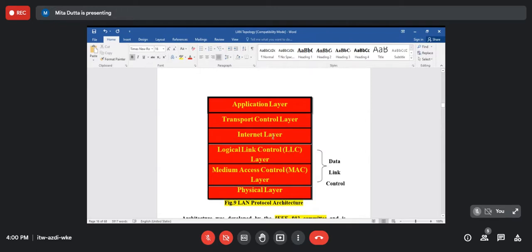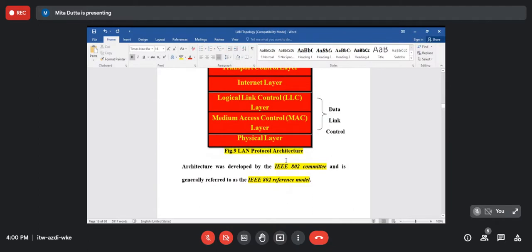Then we have an internet layer, transport layer, and application layer, just like in the TCP/IP architecture for computers which are not connected in a LAN. If the computer is connected in a LAN, the data link layer is divided into two, one is MAC and the other is LLC.